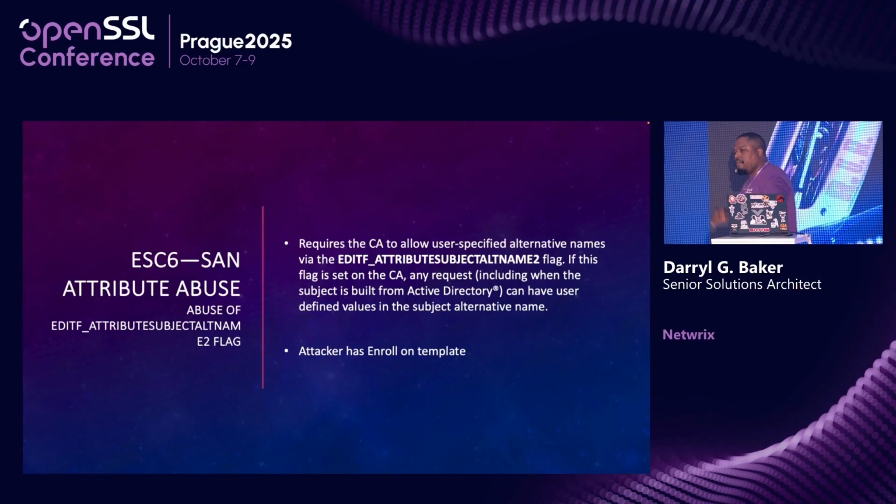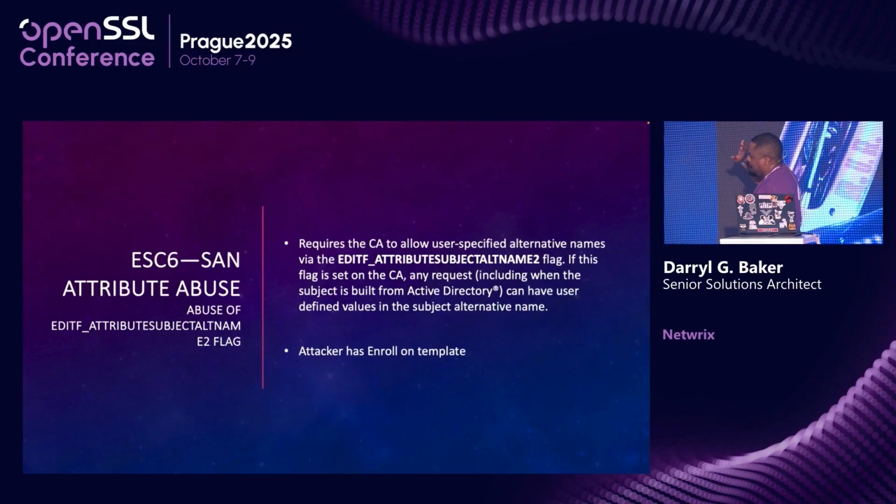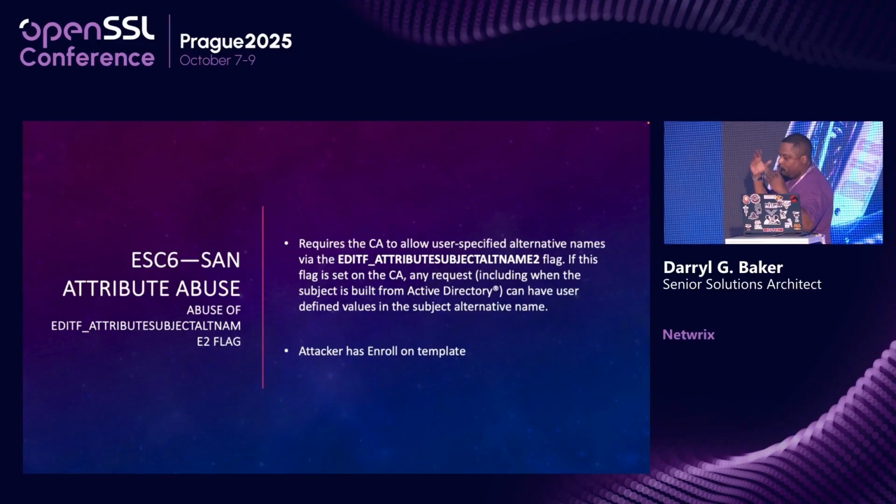There are levels of permissions, but the fact that you're using this flag raises, for lack of a better word, a lot of other red flags because it is something that's set across the entire CA. And so for every single certificate that's issued from the CA, at minimum, some principals have some ability to modify the SAN in some way. And that gets a little bit more important as we start talking about mappings.